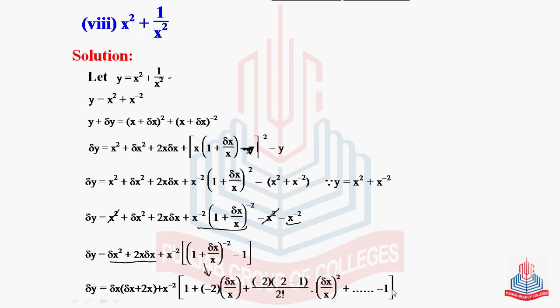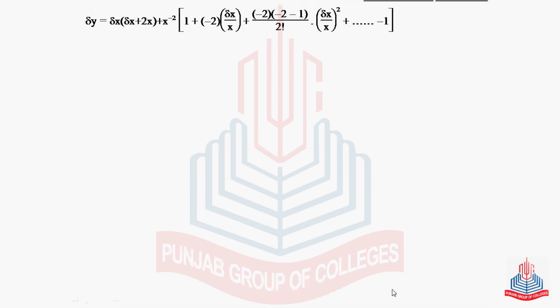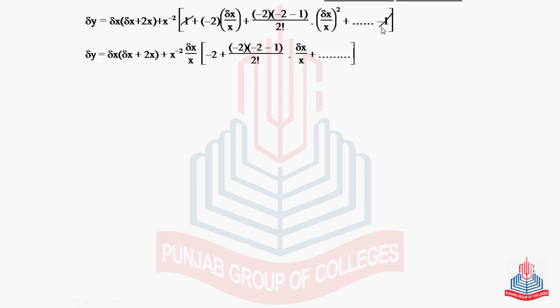So plus 1 minus 1 will be cancelled out from here, and delta y is equal to delta x plus 2x plus this x raised to the power minus 2, and from this bracket portion we can take delta x over x as a common factor. So we have minus 2 plus (minus 2)(minus 2 minus 1) over 2 factorial times delta x over x.